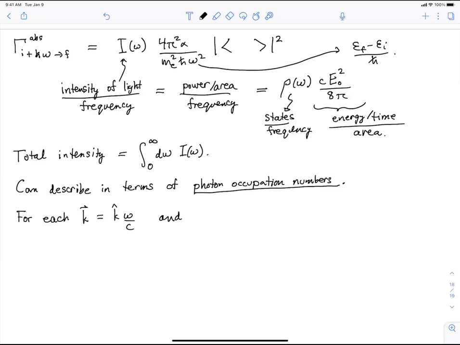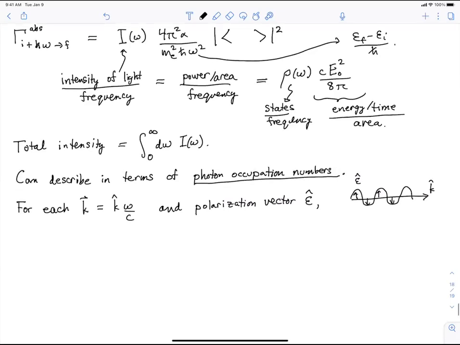And the other thing you have to know about a photon to know everything there is to know about it is its polarization. What direction its electric field is pointing. Okay, so here's my propagation direction, and classically, I have an electric field that's oscillating up and down. This direction is k hat, and this direction of the electric field is my polarization vector.